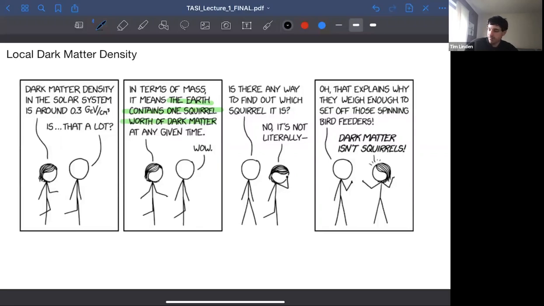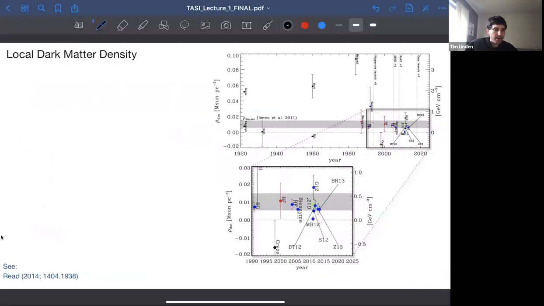So more numerically, and in less of an XKCD way, what is the local dark matter density and how do we measure that? The local dark matter density in more boring units is around 0.01 times the mass of the sun per parsec cubed. And note that this is a really small number and this is challenging, right?